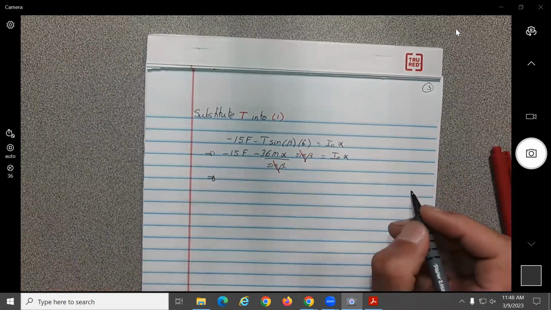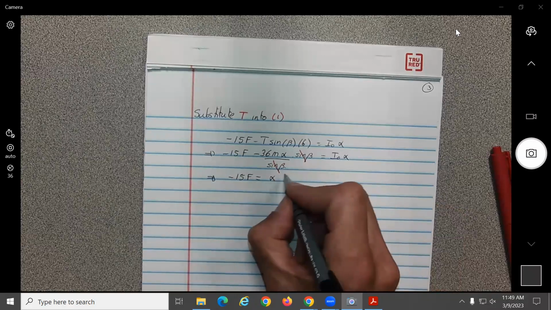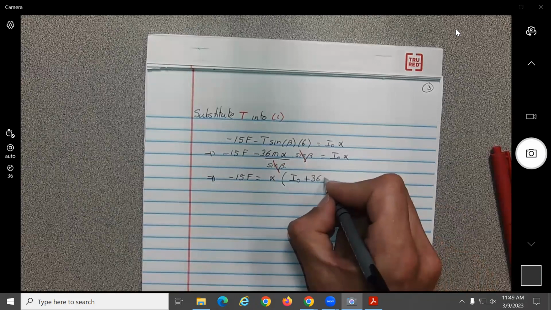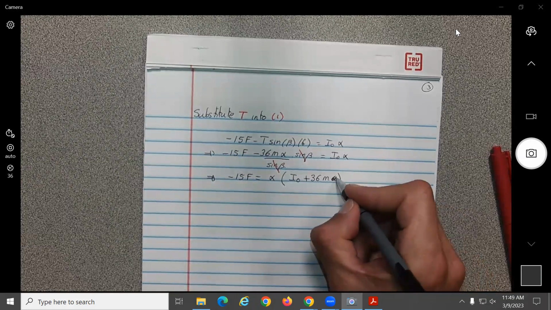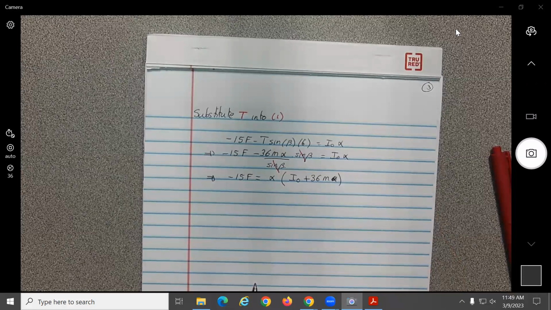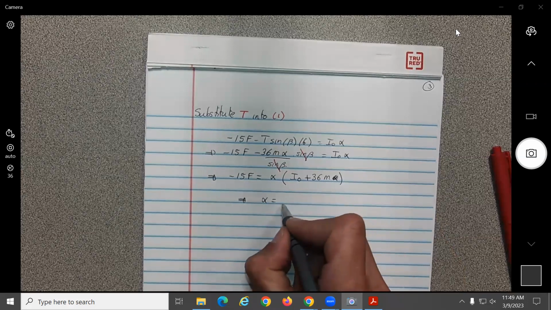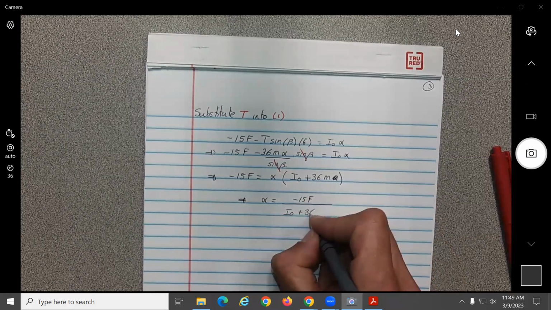So then we're going to have negative 15F equal to alpha times a factor of I sub O plus 36 M. Yeah, correct, 36 M. So basically we get alpha equal to negative 15F divided by I sub O plus 36 M.